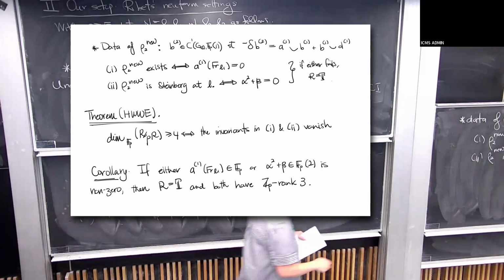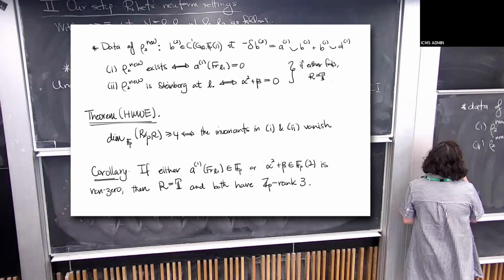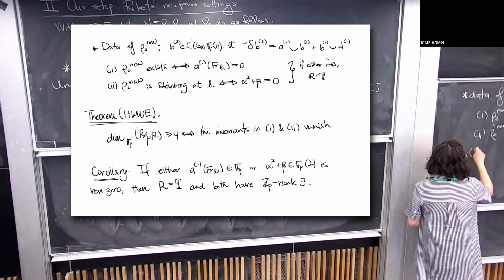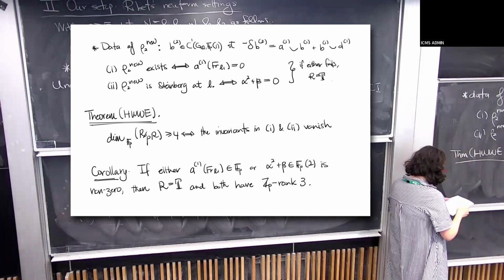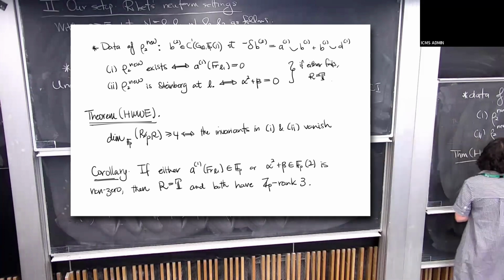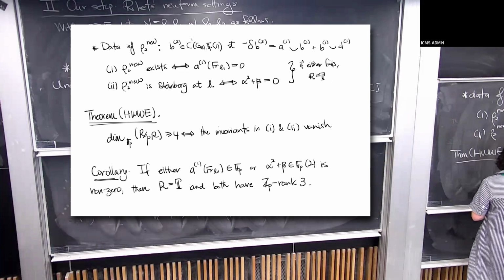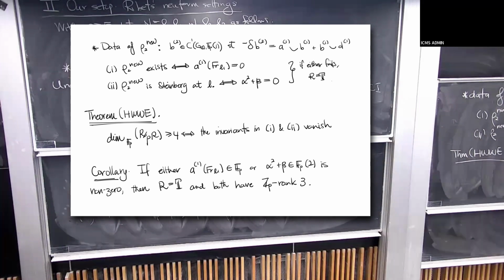And so the main technical output, which I guess appears in the first paper, is that the FP dimension of R mod PR is not minimal if and only if both of these invariants, the invariants in 1 and 2, both vanish.